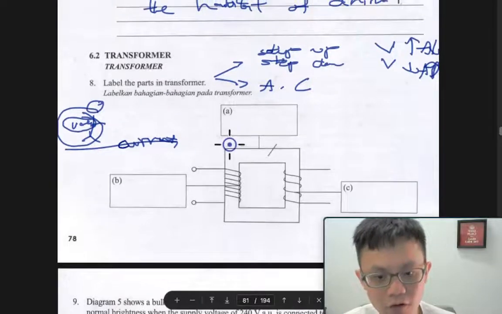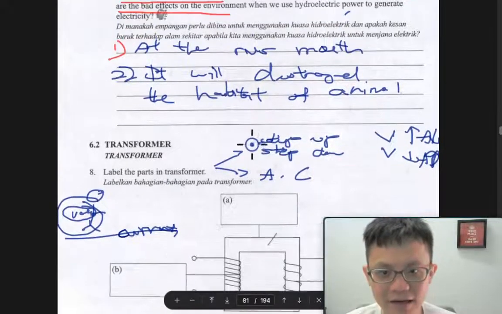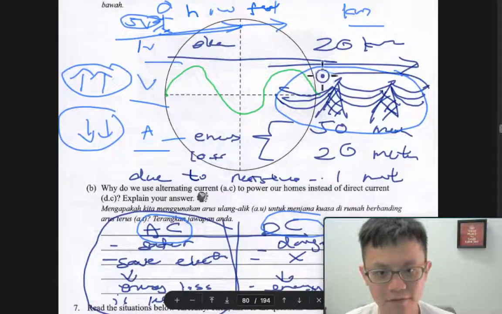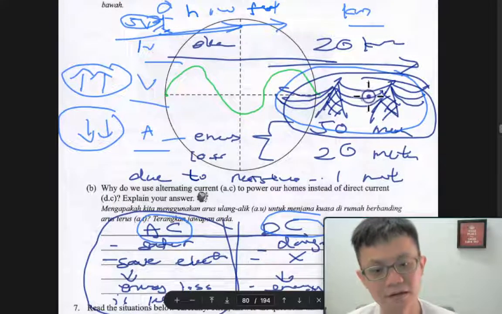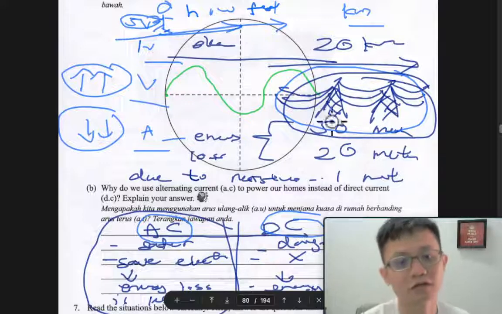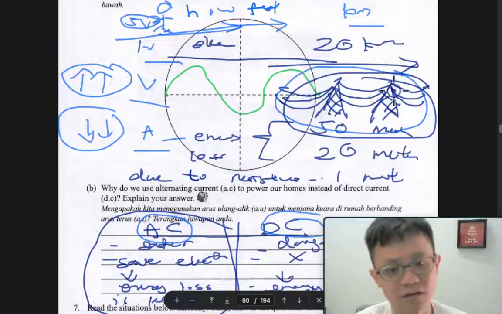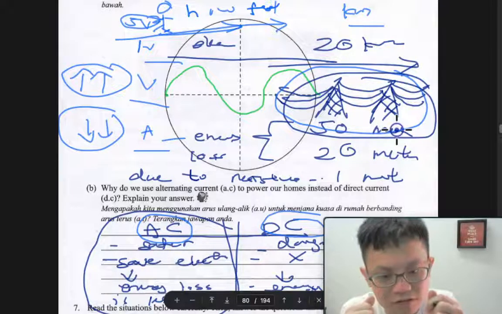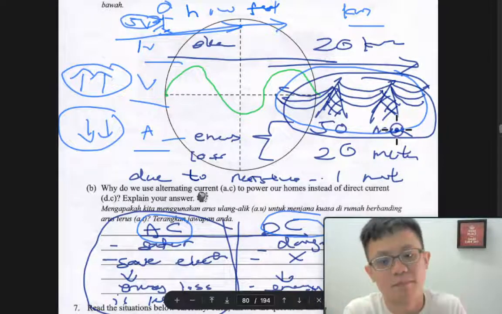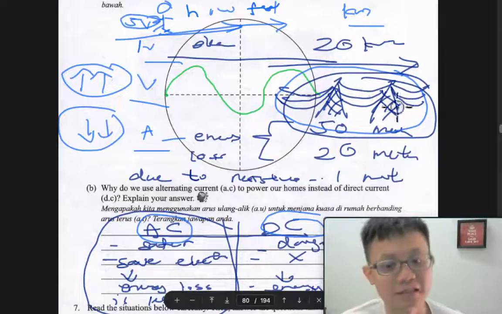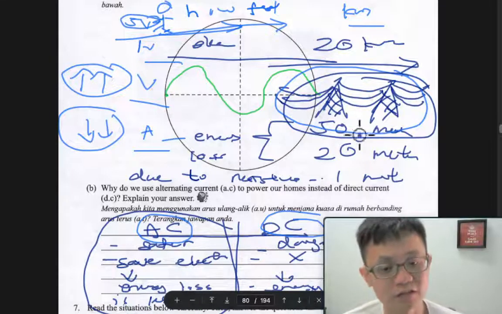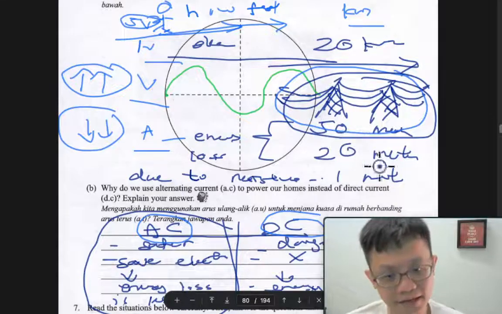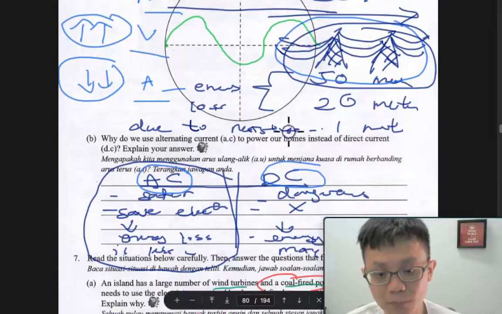But for TNB, they only want to increase a lot here, on the wire going to your house. They want to step up the voltage very high and lower the ampere, so the person walks very slow. But by doing this, it will reduce the energy loss a lot due to resistance. So that's why TNB wants to do something like this.